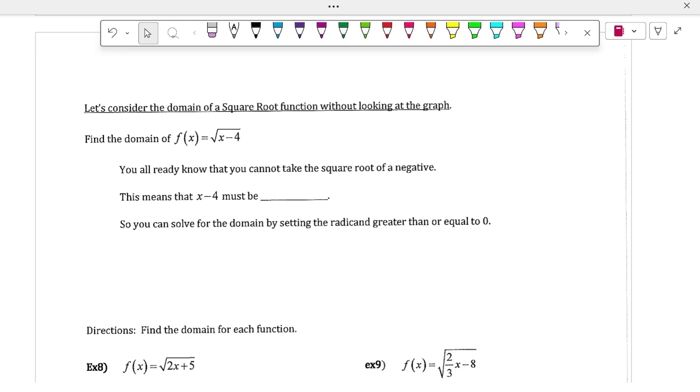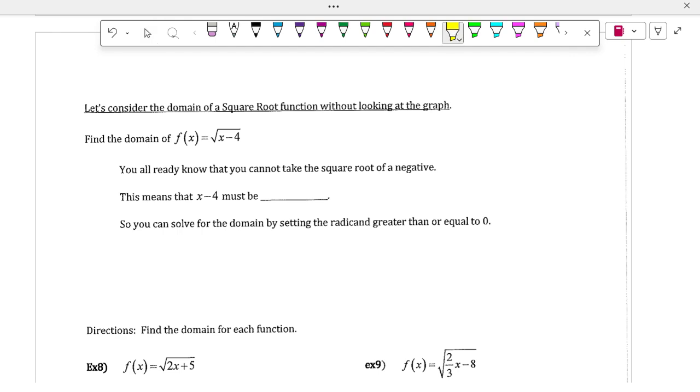With a square root, we can have a 0 under the radical and still be considered real. But as soon as we get into negative territory, that's when we start getting into imaginary, which we can't graph. When we're talking graphs, we're talking about real numbers exclusively. So with a square root, we cannot be anything less than 0.